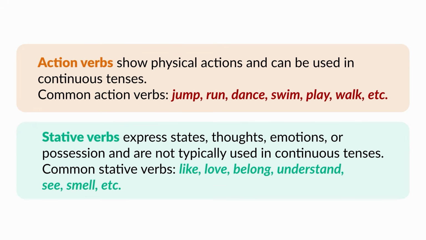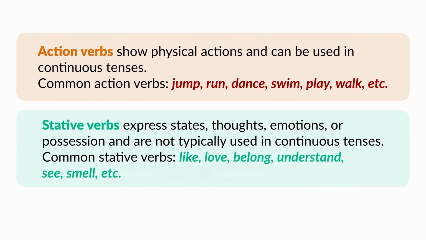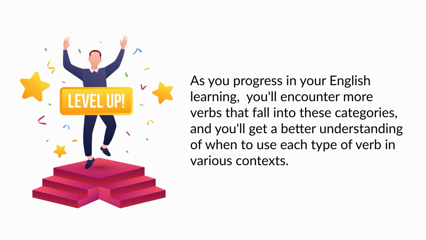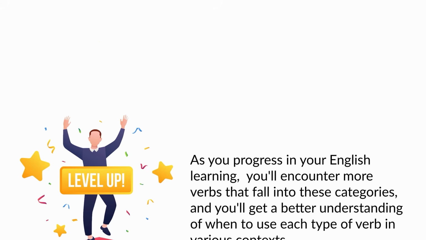Common stative verbs: like, love, belong, understand, see, smell, etc. Some verbs can be both stative and action. Examples: see, have, feel, think, etc. As you progress in your English learning, you'll encounter more verbs that fall into these categories, and you'll get a better understanding. Is this a stative verb or action verb or gerund? And when to use each type of verb in various contexts.